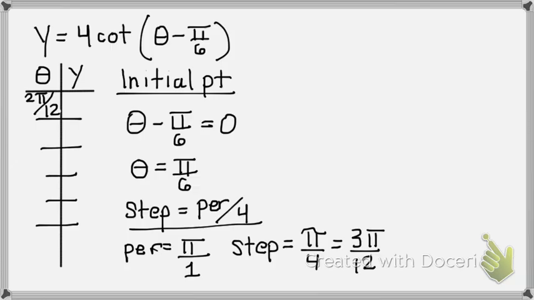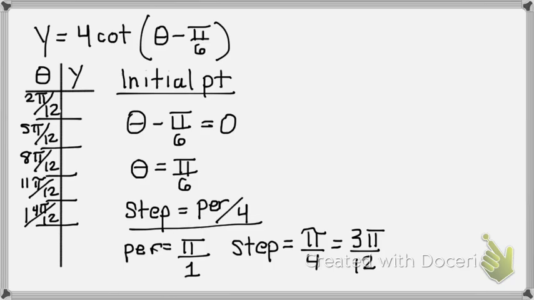And then let's add our 3 pi over 12. So 2 pi plus 3 pi is 5 pi over 12. And then add 3, and we get 8 pi over 12, plus 3 is 11 pi over 12, plus 3 is 14 pi over 12. And those are our 5 values of x.